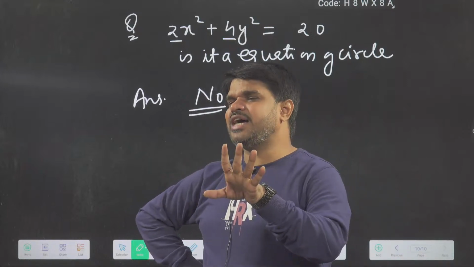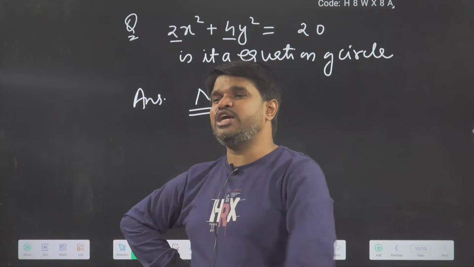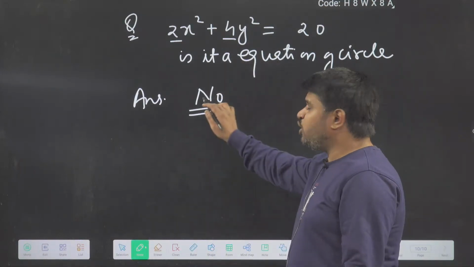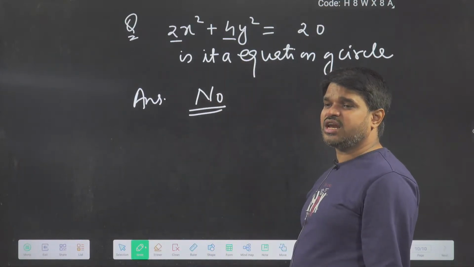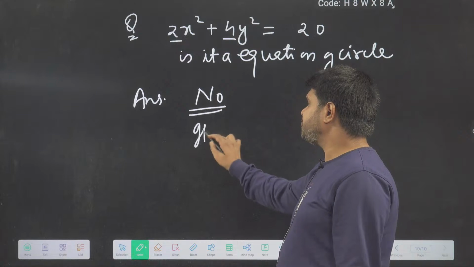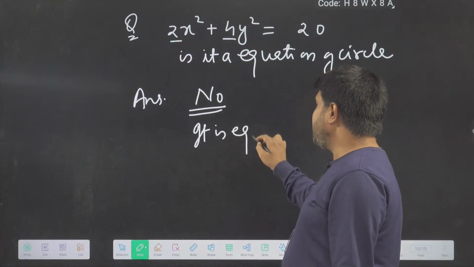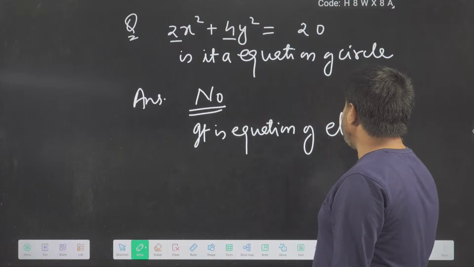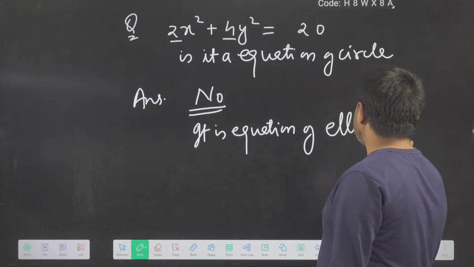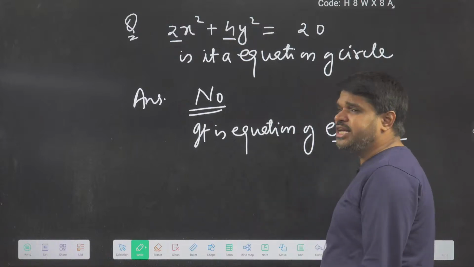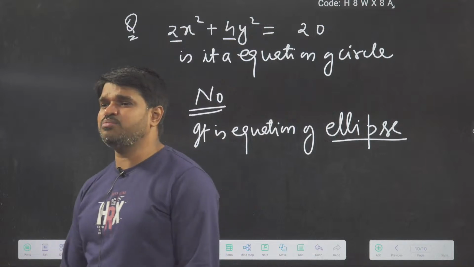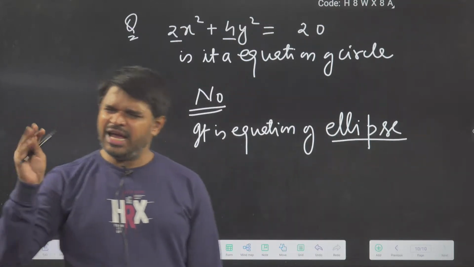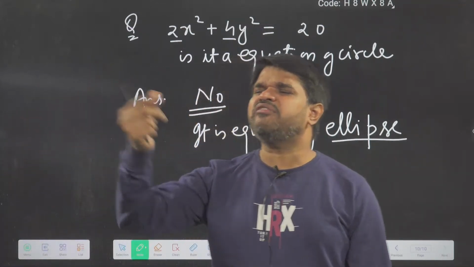So name wise I am telling you, I won't get into details. No, it is not the equation of a circle. It is the equation of an ellipse. There is some shape called an ellipse. Ellipse is also required in physics, but very less.